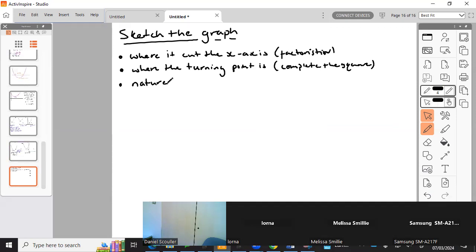All right, but essentially, it's a minimum or a maximum, and where it crosses the y-axis. Okay.